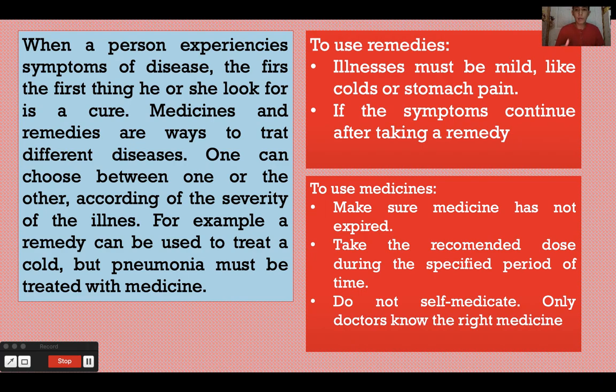Right now, for example, if somebody has coronavirus, the thing that they have to do is go to the doctor, right, and not self-medicate, because that is the bad thing that somebody can do. Only doctors know the right medicines. Okay, only the doctors, they studied for that. They know what you can take or what you can drink.